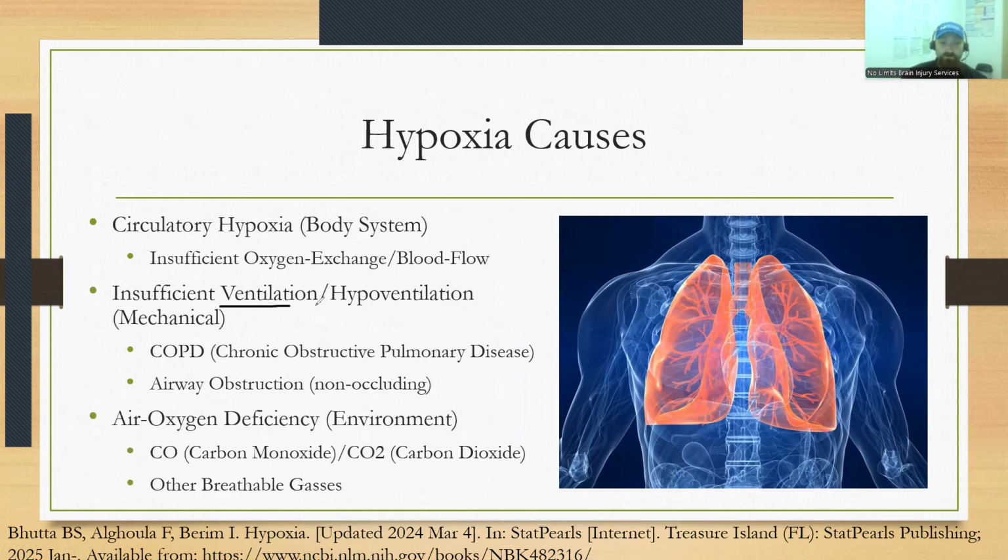Then you also have insufficient ventilation, hypoventilation, which is a mechanical problem where maybe you're not getting the air back into the lungs. So instead of just a vascular problem, maybe this is a lung problem. We can see this happen with COPD, chronic obstructive pulmonary disease. Think about that smoker who's been smoking all their life, 2 packs a day for 40 years.